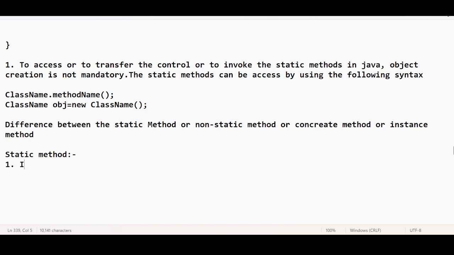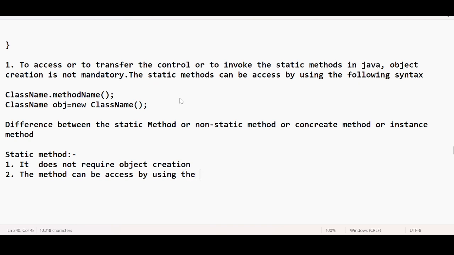The first point is it does not require object creation. I think this line is getting justified now. Does not require object creation. And the second thing is the method can be accessed by using the name of the class where the method is placed.